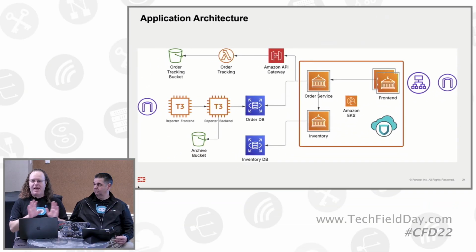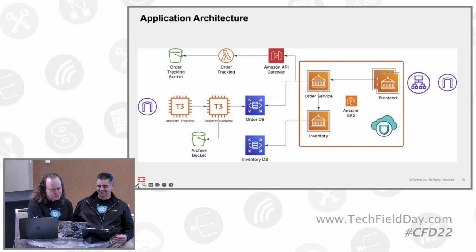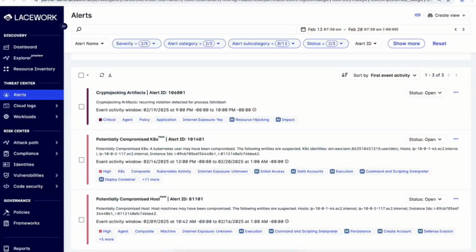And so now I'm going to end the slide and switch over, and we're going to take a look and see if FortiCNAP could have caught this attack that Julian performed. All right. So now we're in the FortiCNAP, formerly known as Lacework platform here. We're in the threat center, looking at a set of alerts that have come in.